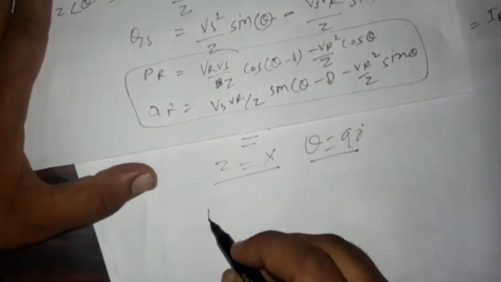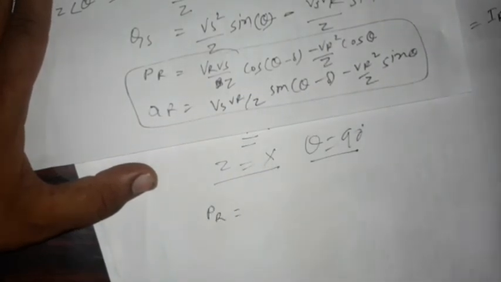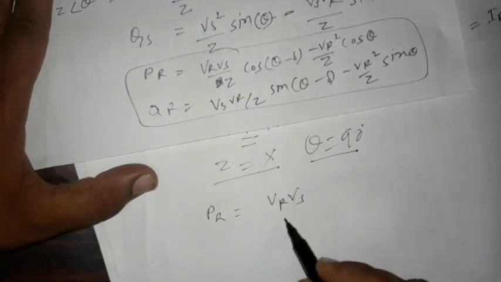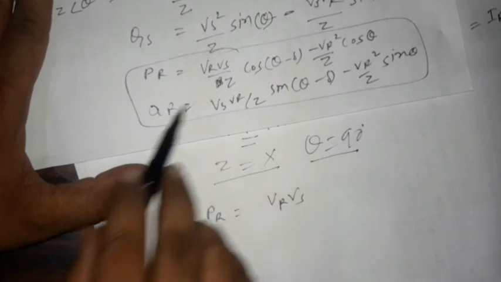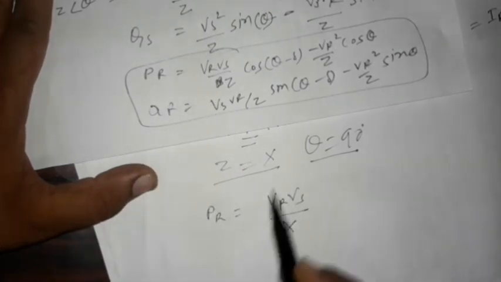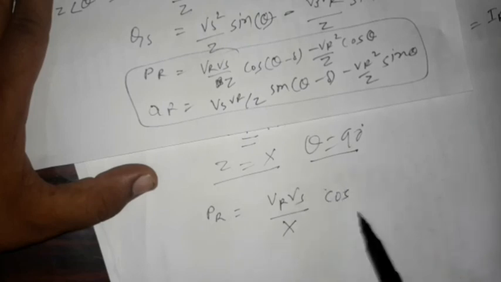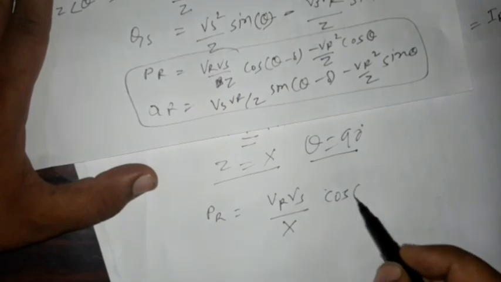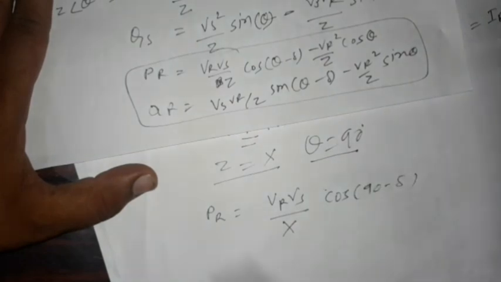So we get PR equal to VR into Vs. Now put Z as X, so VR upon X, cos theta minus delta, here theta is equal to 90, so 90 minus delta, minus VR square by X cos 90.